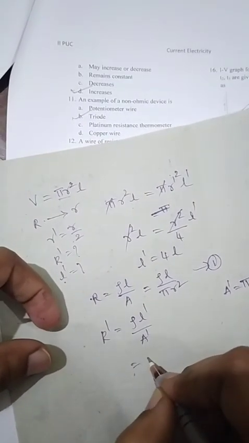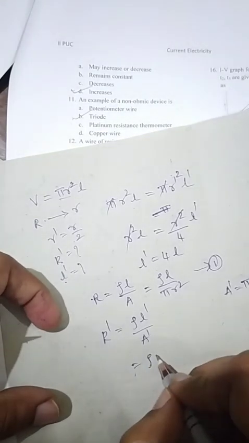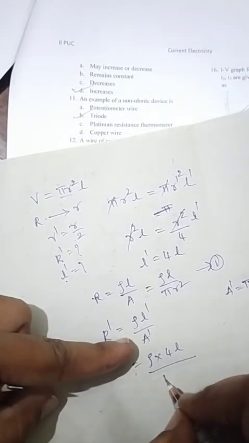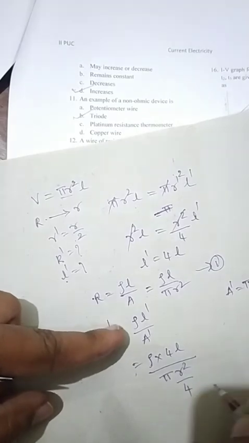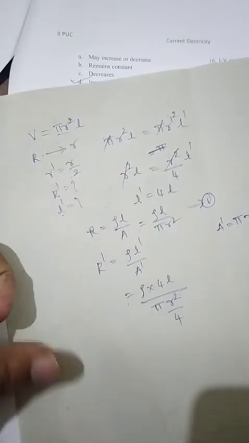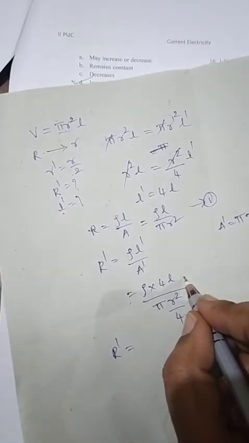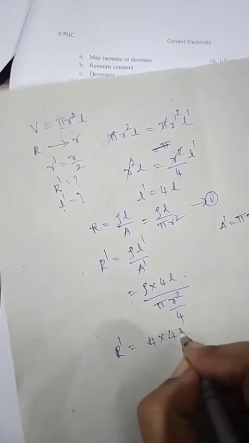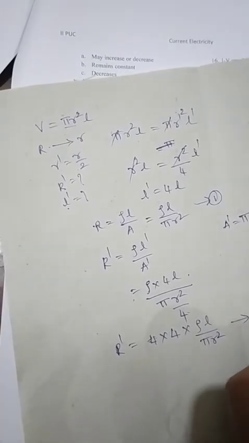Rho, the specific resistance, is the same. Rho into L dash, which is 4L, divided by pi r square by 4. The 4 in the denominator of the denominator goes to the numerator. Therefore, R dash equals 4 into 4 into rho L divided by pi r square. Call this equation number 2.